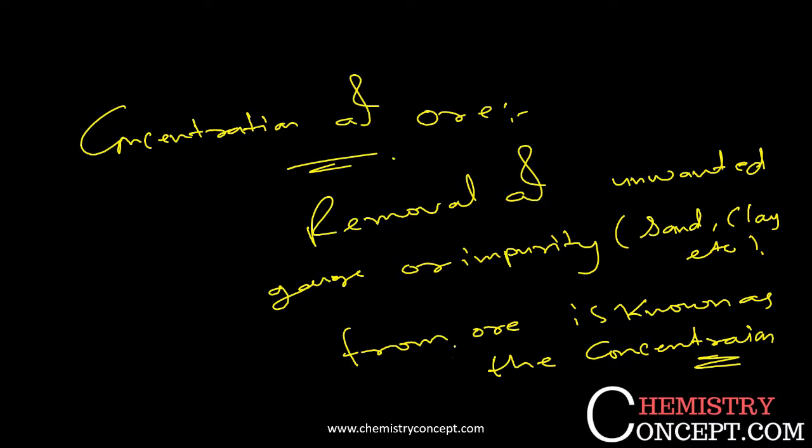So this is the concentration, and there are several methods to remove this unwanted gangue, or you can say the impurity from ore. So the first method we will be discussing is hydraulic washing.